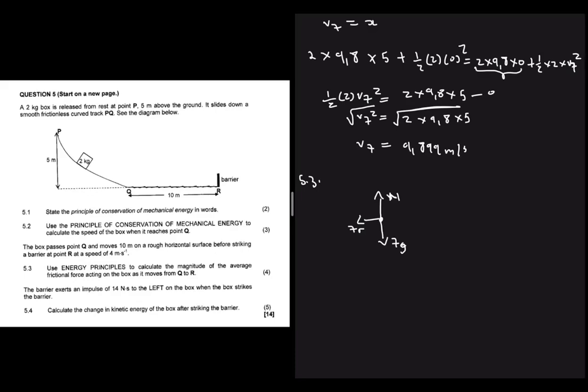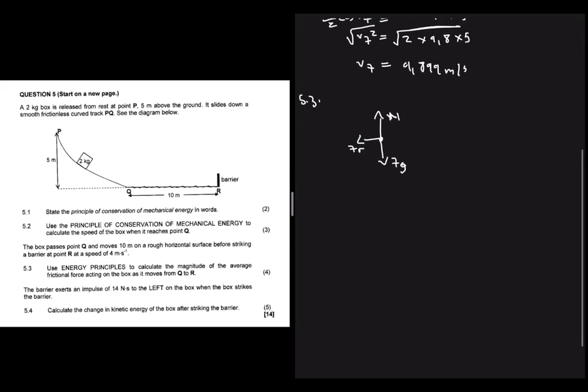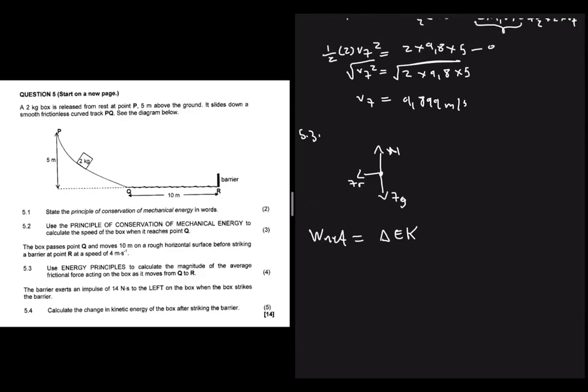So sticking to the energy principle, we have net work, which equals the change in kinetic energy. We already know what the change in kinetic energy is, because we have VF and VI.